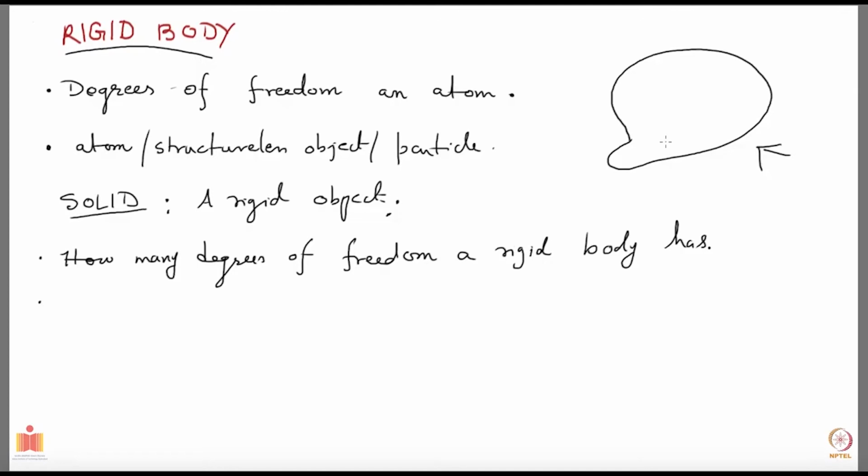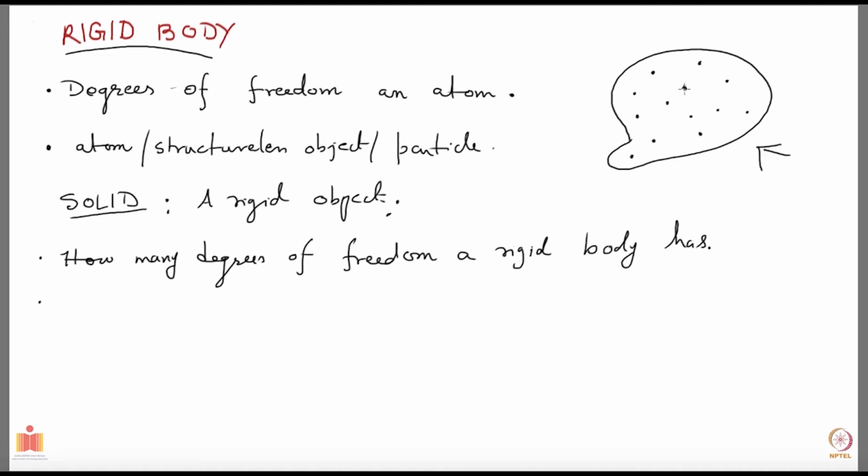So this is made up of several points, n points, let's say. I'm not taking a continuous thing, but a discrete thing. So let's say it is made up of n particles, and the distances of these particles from each other are given. I'm going to build this up from scratch, and in doing so I'll count the degrees of freedom.